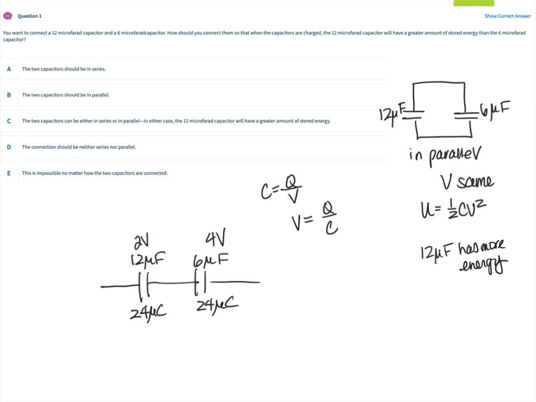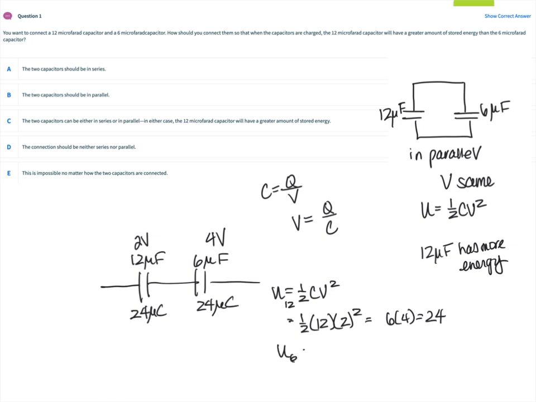So now if I do U equals 1/2 CV squared, I get 1/2 times 12 times 2 squared, which is just going to be 6 times 4 is 24, and that's for the 12.